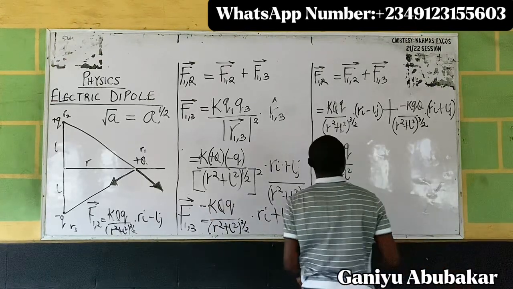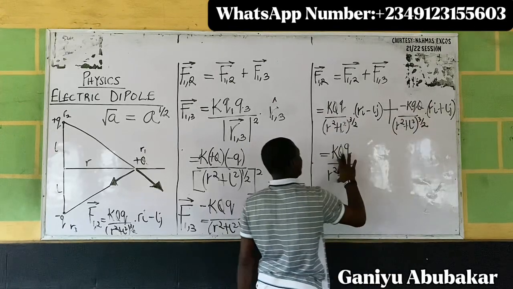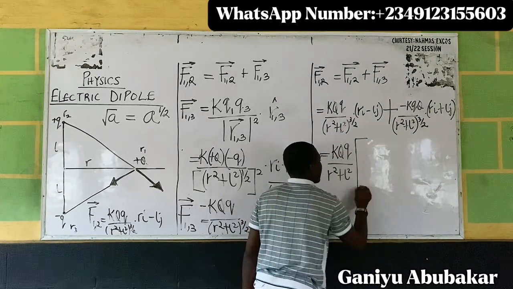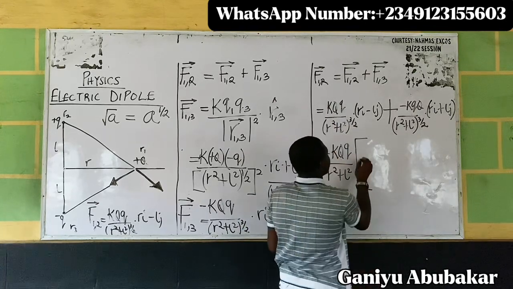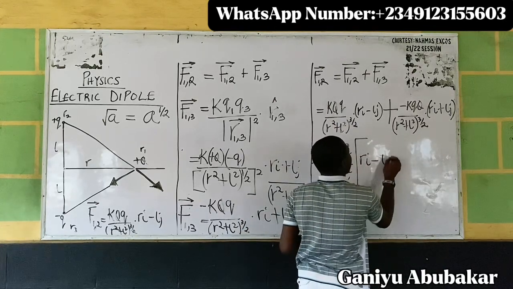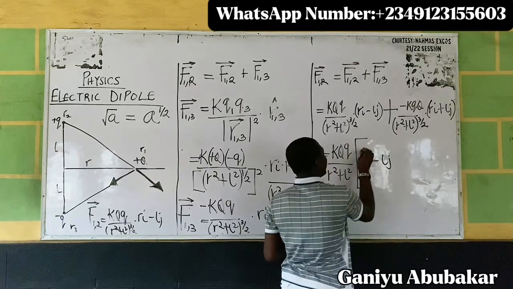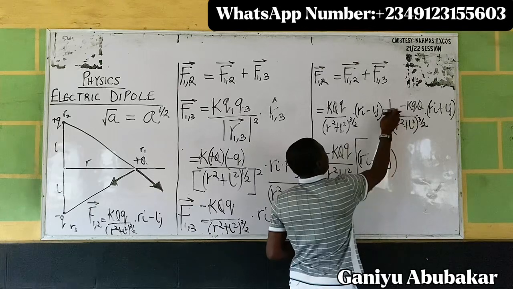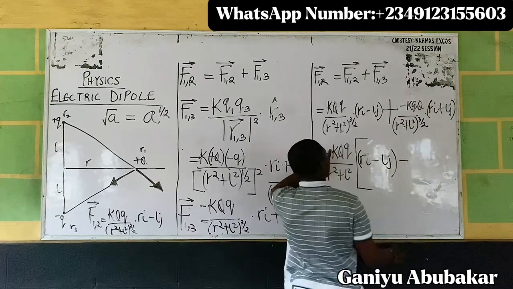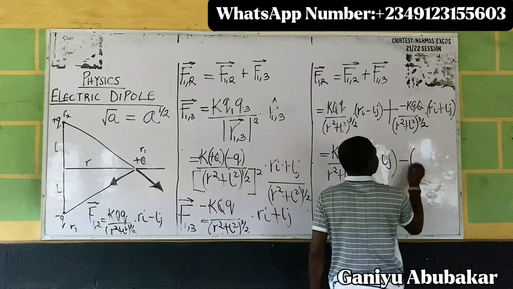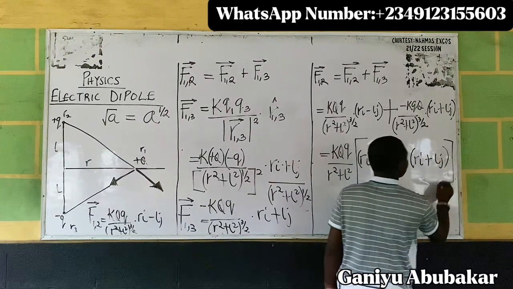Let's get this. So this and this and this are common. Bring them out this way. If I bring out this here, I'm left with just this. So I'm left with ri minus lj in bracket this way. Plus minus is minus. These ones here are outside already. I have this one left, that's in bracket ri plus lj.